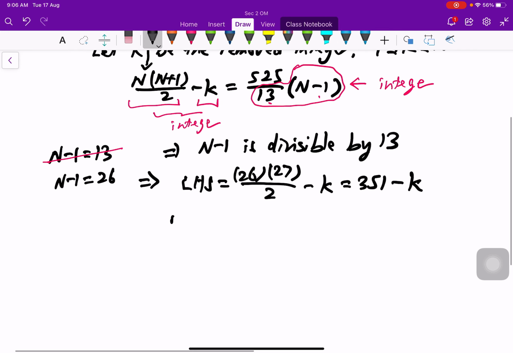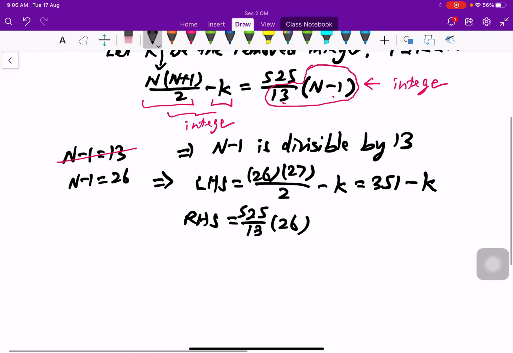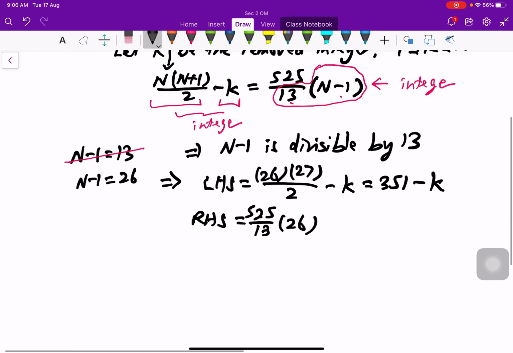Then if you look at the right hand side, the right hand side is actually 525 over 13 multiplied by 26, and can you see that it is a value more than 1000? You get 1050. And this is not equal to the left hand side. Therefore, this one failed.